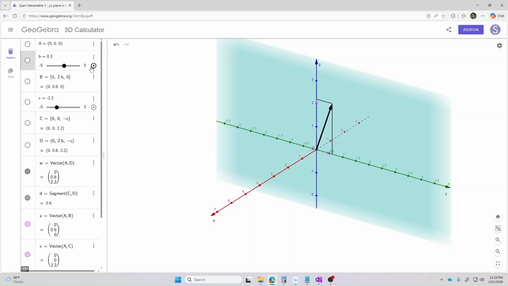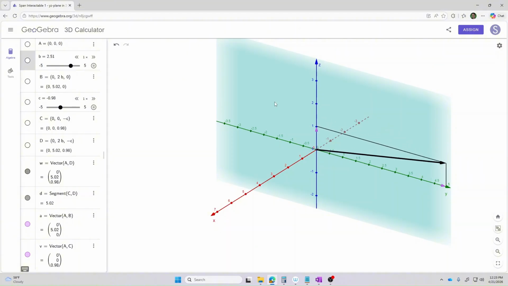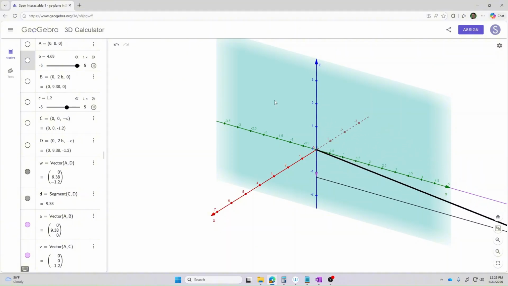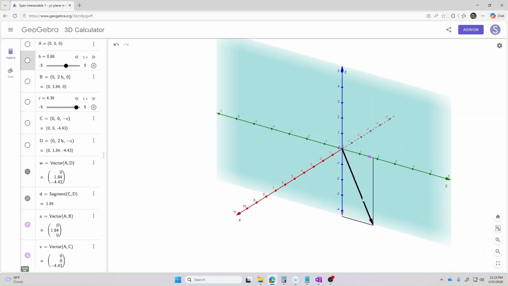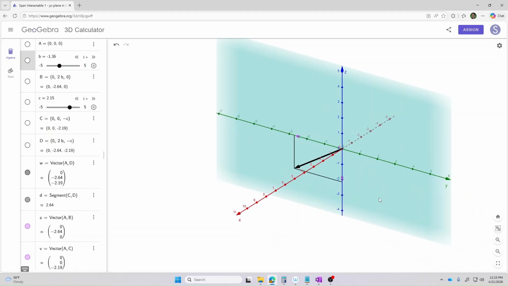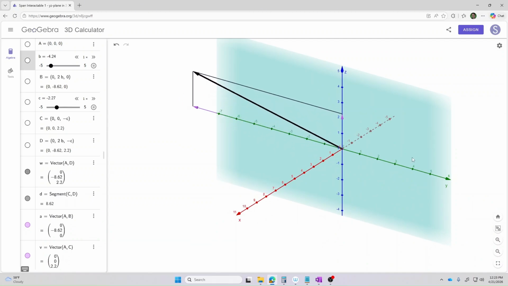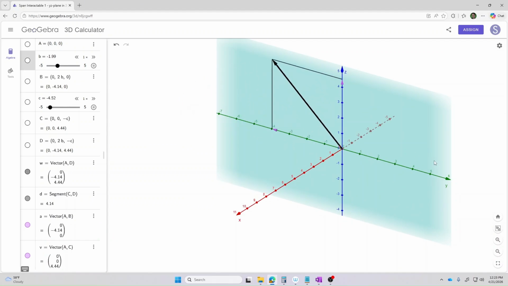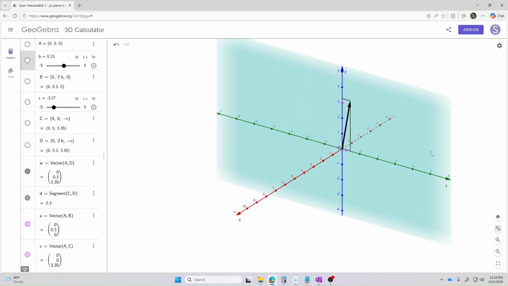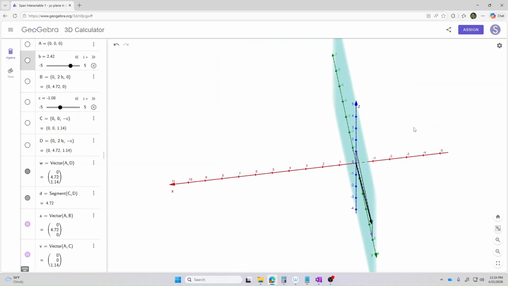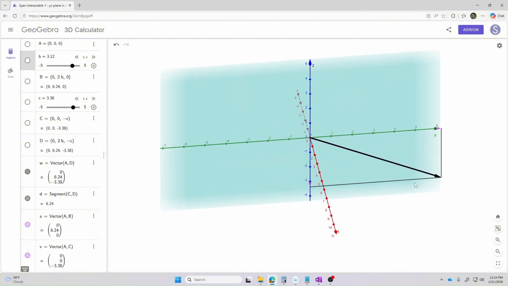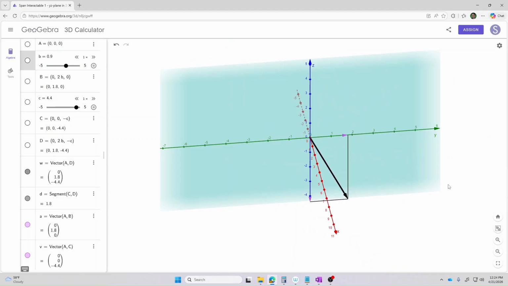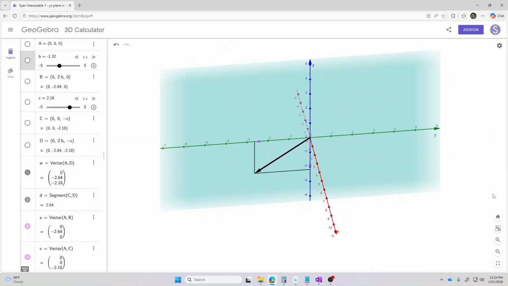And if you allow B and C to vary over all their possible values, then you can see that the combination of these two vectors is capable of sweeping out and generating every single vector that points in the YZ plane here in three-dimensional space. The YZ plane, which is currently drawn in blue, is the set of all the vectors that can be created by combining v1 and v2.